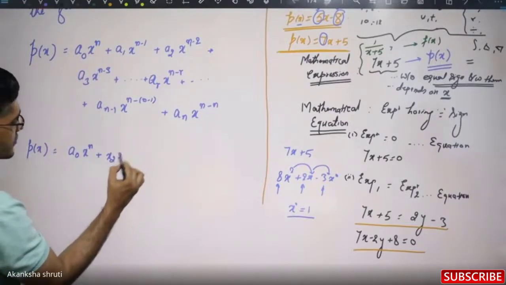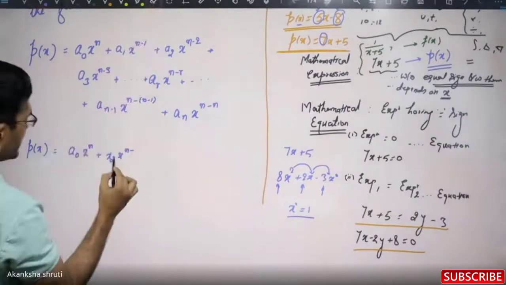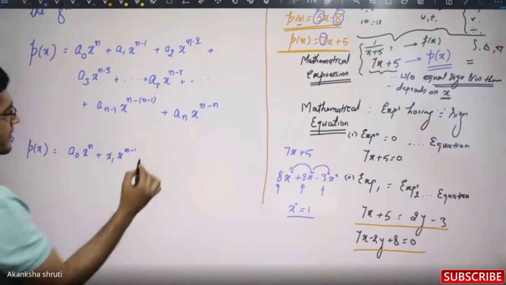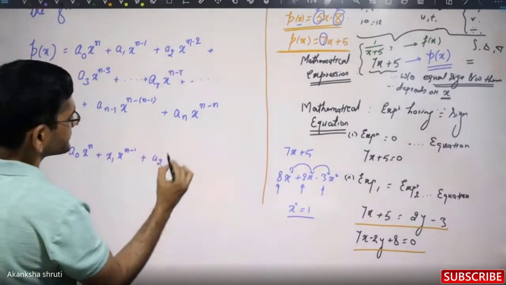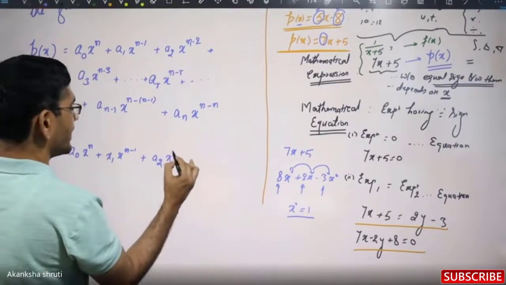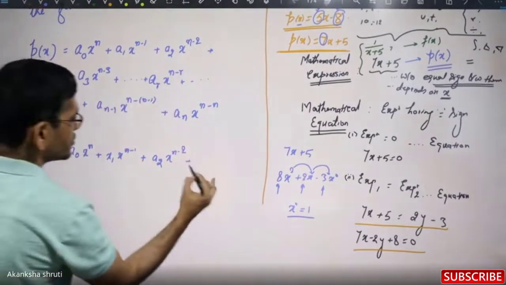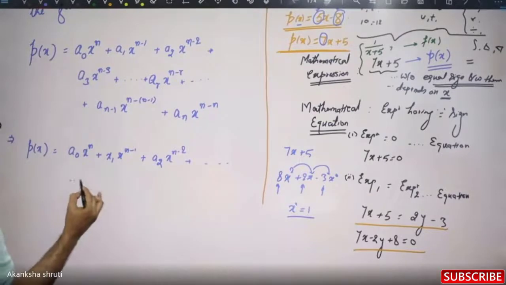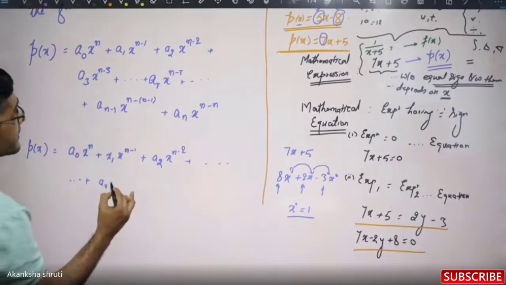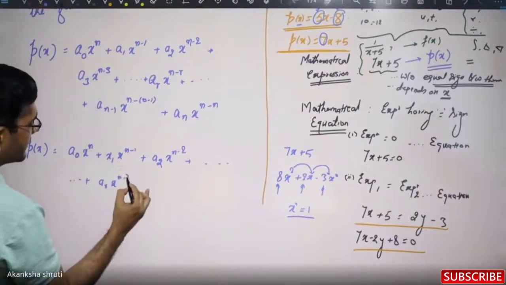a1 x to the power n minus 1 plus a2 x to the power n minus 2. This will continue how long? Plus, if I am taking the rth term, ar x to the power n minus r.